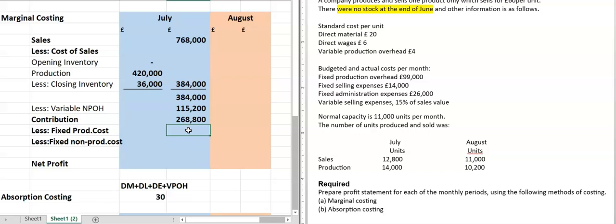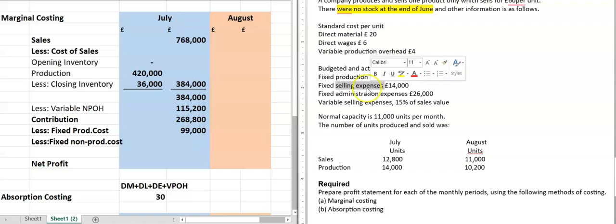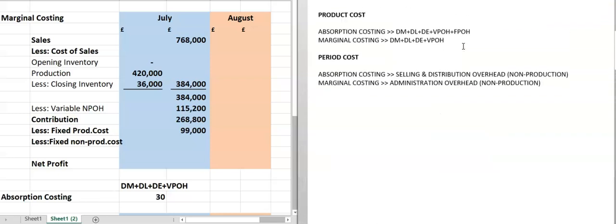After that, what you have to do? You have to less the fixed production cost. What is the fixed production cost? That is this one, fixed production overhead, which is 99,000. So 99,000 less, and less the fixed non-production overhead. Non-production means selling expenses and administration expenses. That is what I have given here: administration overhead, selling and distribution, these all are non-production.